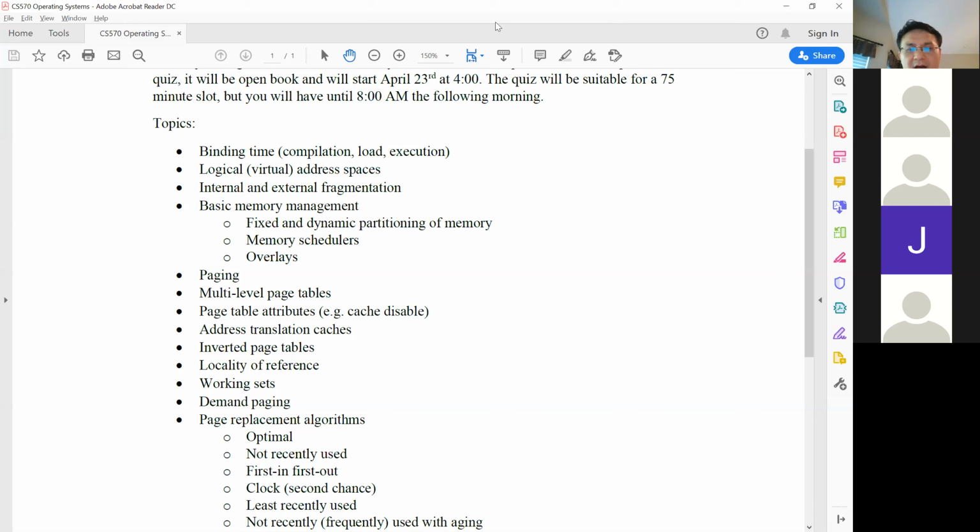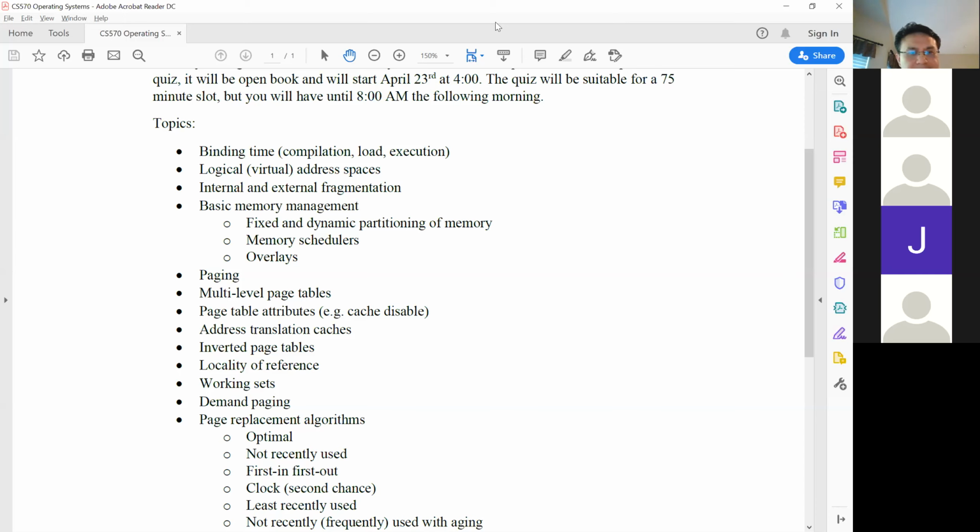This time you probably would have more questions that need you to compute something and give quantitative answers. Last time it was more qualitative answers, but we will have a combination of these.